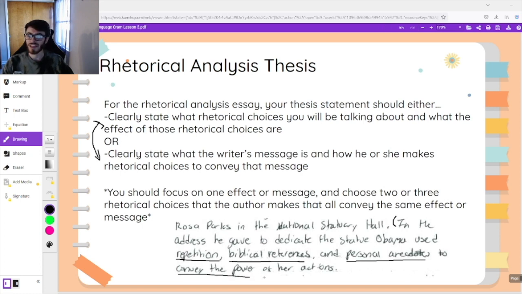And then convey the power of her actions is the effect that all 3 of these choices do. All 3 of these choices help to convey the power of Rosa Parks' action. It's Rosa Parks that they're talking about, right? Yeah. So this is what a strong thesis statement looks like. It has all the rhetorical choices in it, and it has one common purpose or effect that they all achieve.